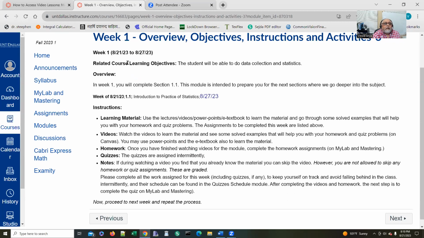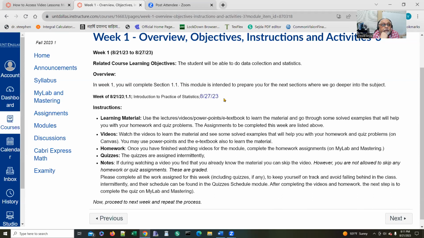What we are going to do, as he said, we will start on 8/21, the week will go to 8/27, and we will do just section 1.1 here, and it is due on 8/27. That is Sunday. You will see that in most cases, the homework assignments, one or two or three in a week, I have assigned them to be submitted on Sunday.